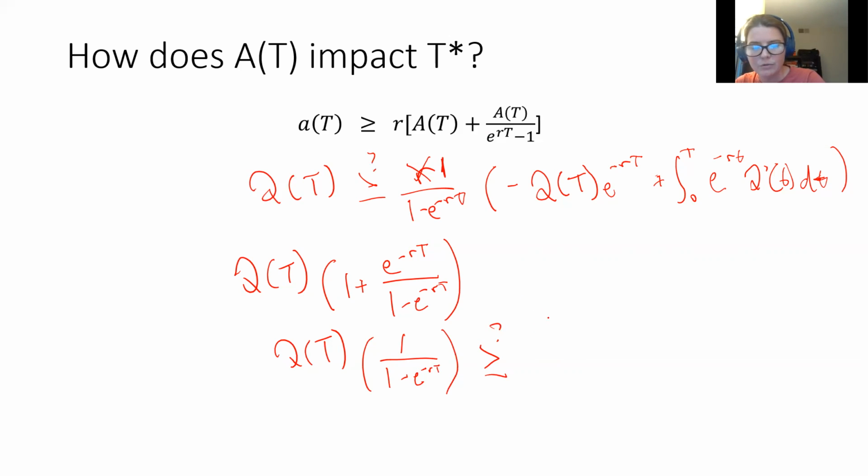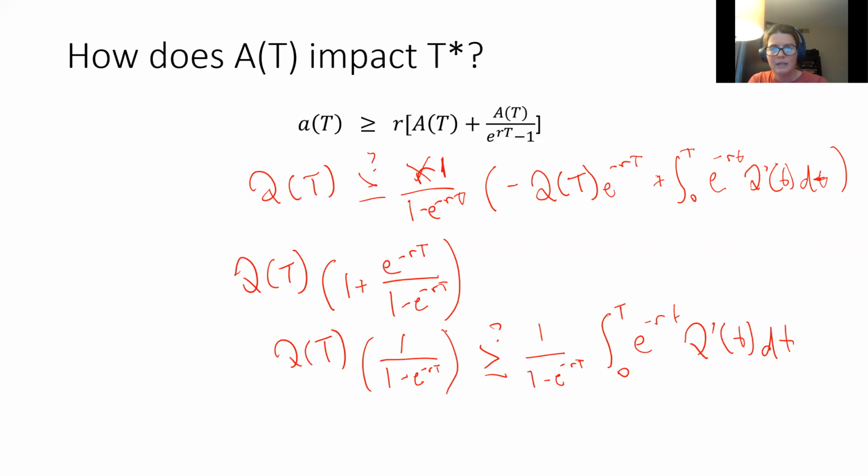Keep in mind, we're trying to prove this, so keeping the question mark involved is always good. And now all we have left on this side is the integral of Q prime t dt. Now we can cancel out these terms, and what we're left with is something that we know is true.